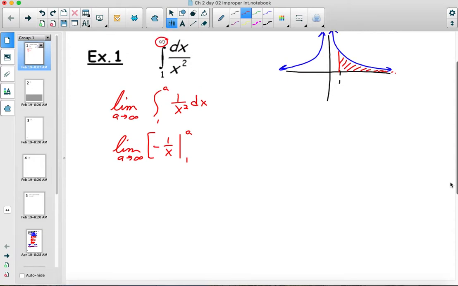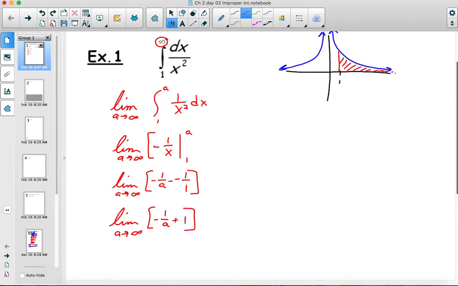So we have the limit as a goes to infinity of negative 1 over a minus a negative 1 over 1. So that's the limit as a goes to infinity of negative 1 over a plus 1. Alright, so now we can look at the limit. As a goes to infinity, what happens with this expression?